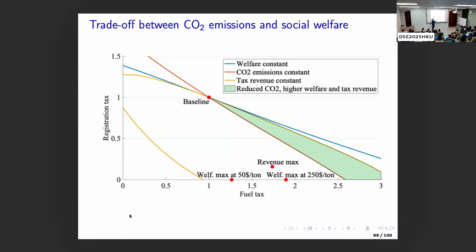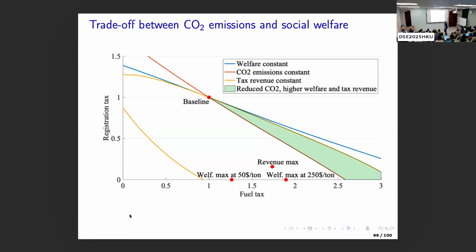Here you've got welfare, so if you decrease the taxes, consumers are going to be happier. You get higher consumer welfare down here, but you're also going to get higher CO2 emissions, except in this area above this curve. So there's a sweet spot where you get higher consumer welfare, lower CO2, and higher tax revenue. What's not to like?